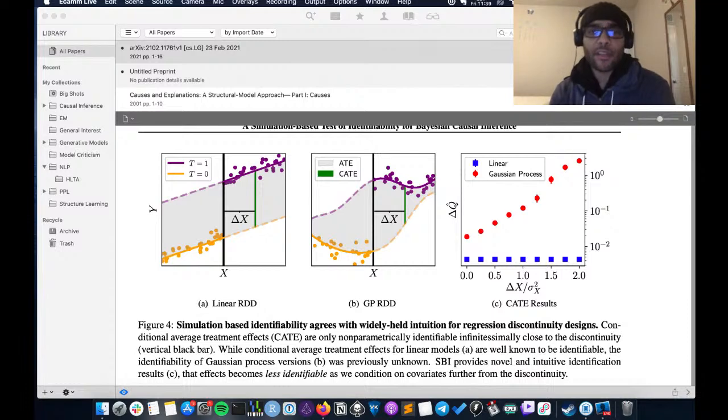Simulation-based identifiability agrees with widely held intuition for regression discontinuity designs. What is that widely held intuition? I'm searching myself for the widely held intuition. I don't see it. Conditional average treatment effects are only nonparametrically identifiable infinitesimally.